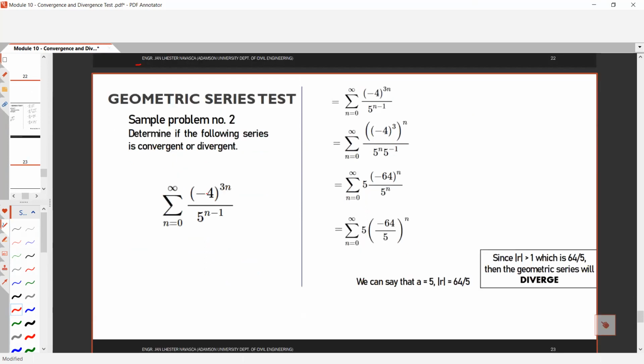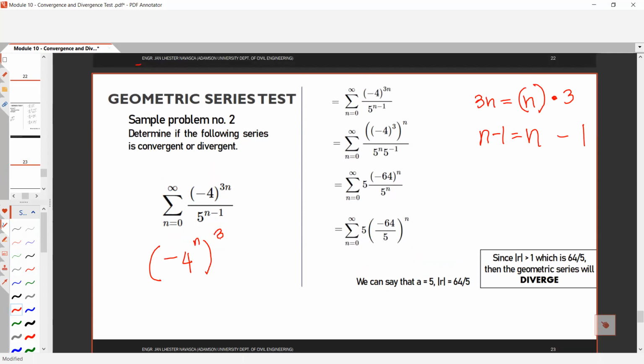They have different bases, so what we have to do is make them have the same exponent. What do I do with the 3n to get n? Just the same, multiply by 3. What do I do with n minus 1 to get n? I subtract 1. So for negative 4 raised to 3n, I make it negative 4 raised to n, multiplied by 3, so that is exponent 3.